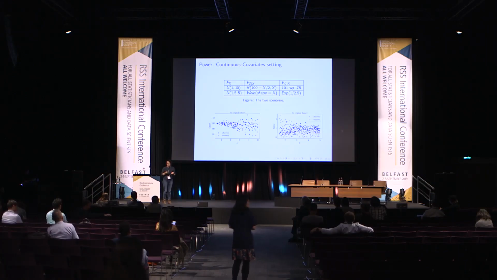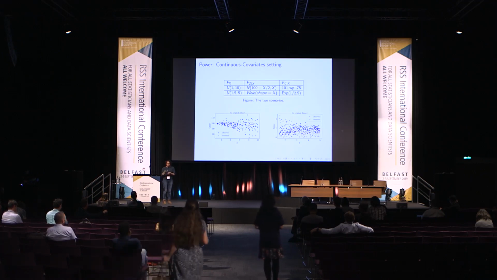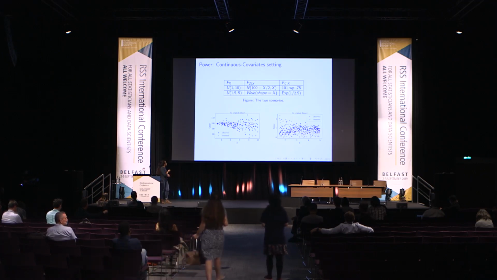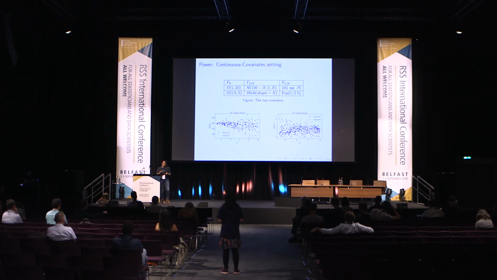But when the proportional hazard model is the true model generating the data, of course, probably the Cox score test will have more power than us. But what I'm trying to say is that we are more consistent. Even if we are not the best test in every possible scenario, we will be very robust.